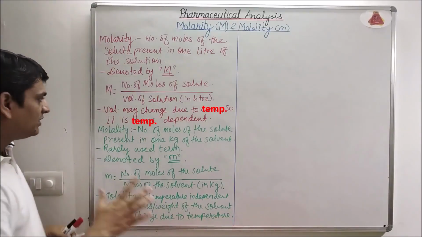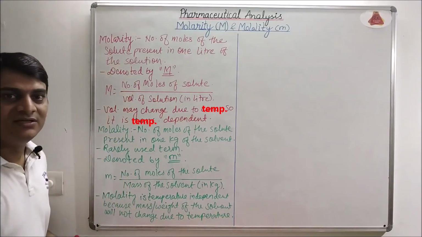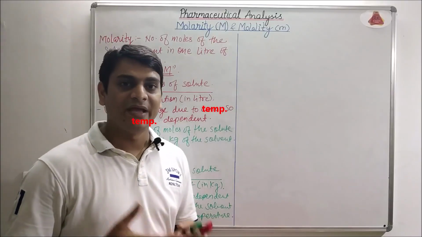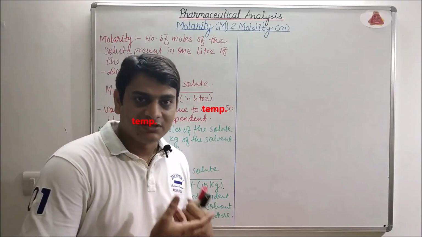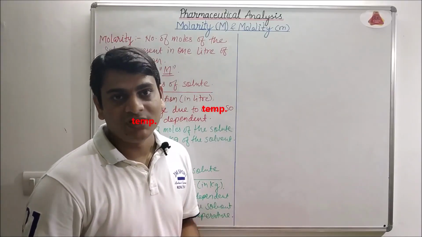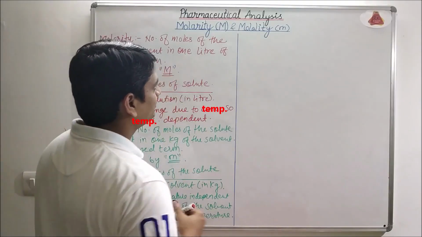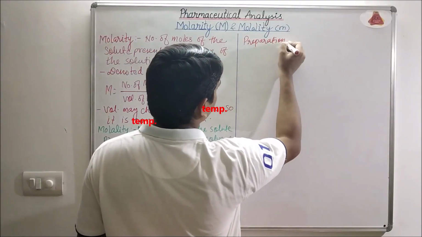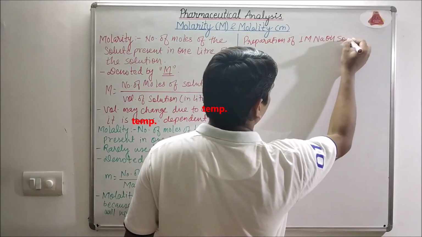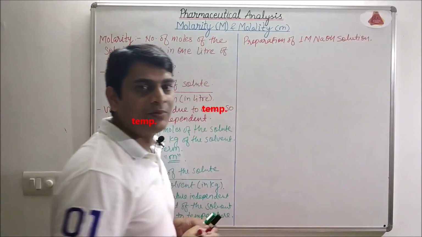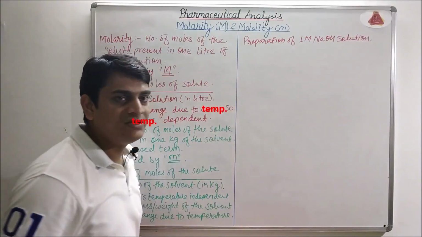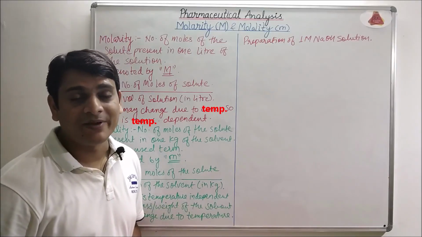Now coming to the example for molarity and molality. Here I am taking the example of NaOH. First I will discuss how 1 molar NaOH will be prepared. For preparation of 1 molar NaOH, we have to take 40 gram of NaOH.